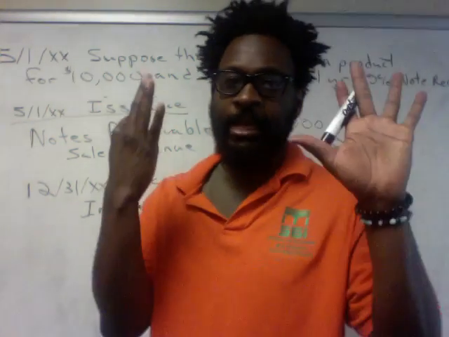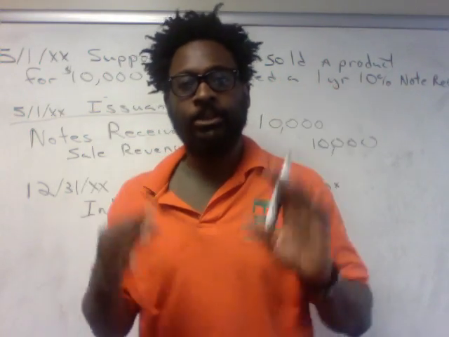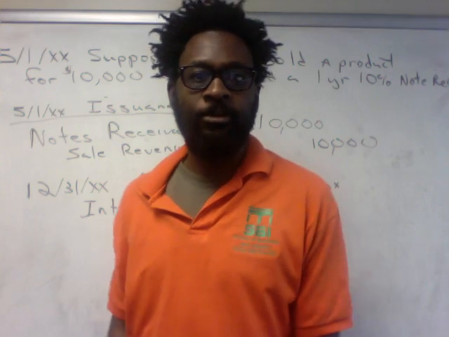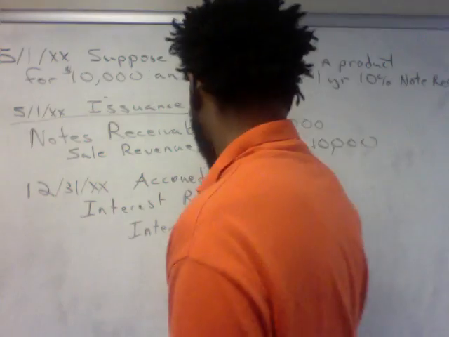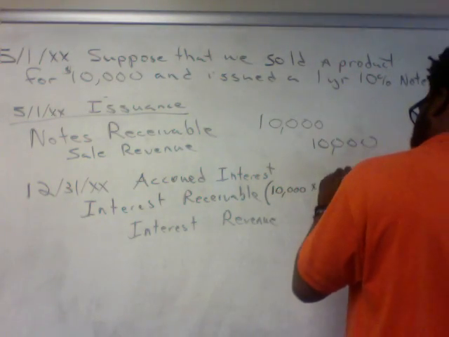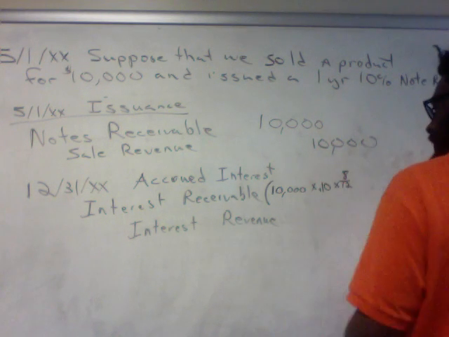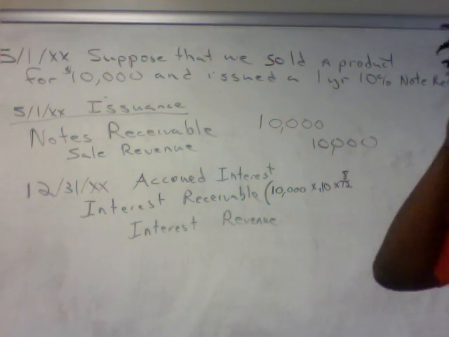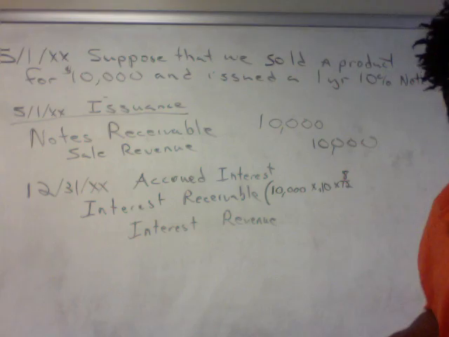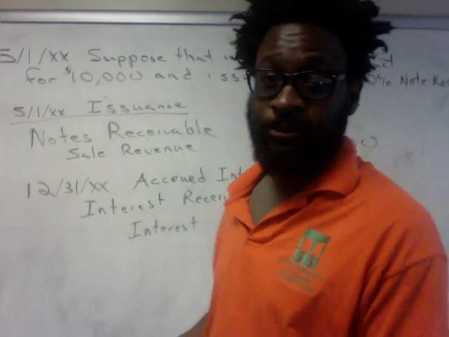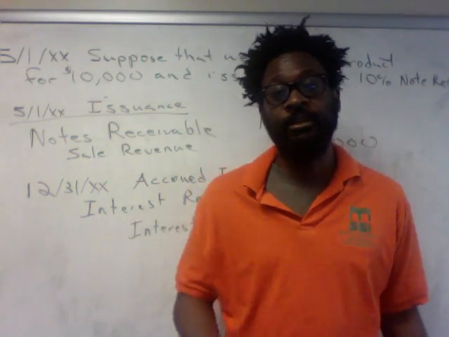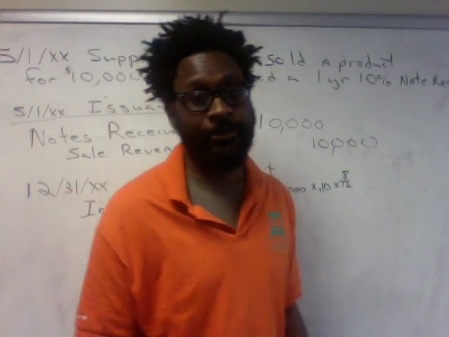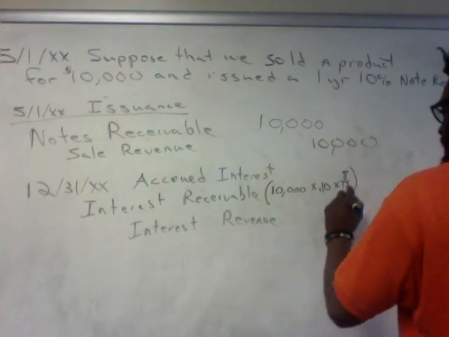We've already said it was 8 months, right? But the total interest is going to be what? 12. And so what we're going to do is take 8 over 12. Anytime that you calculate interest, you have to consider your denominator to be 12. All the time. Okay?